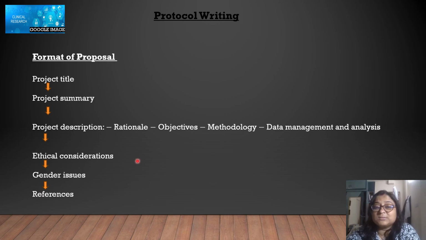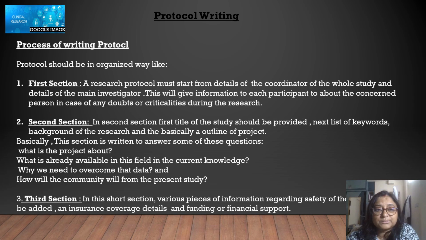After that, ethical considerations, which should be considered in your proposal. Then gender issues, and references, where you have taken all the things, should be there in the proposal. So this is basically the format of protocol writing, or you can say proposal writing.